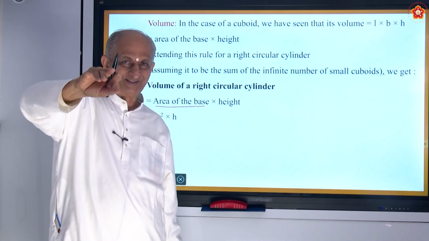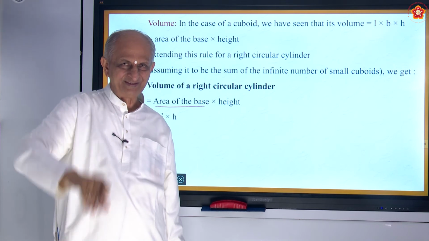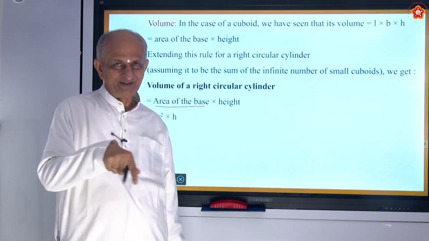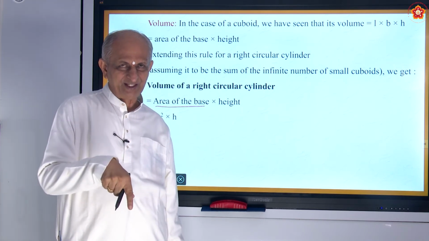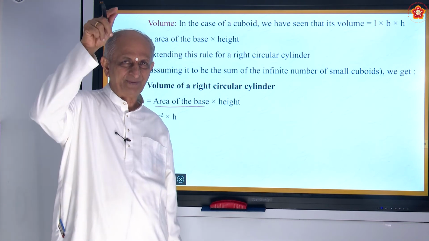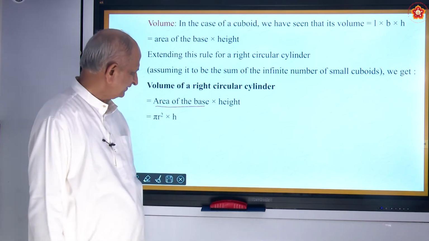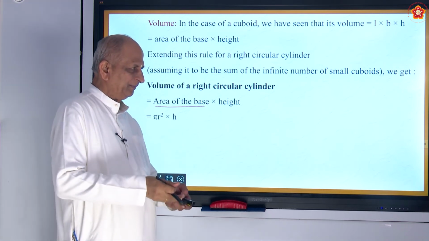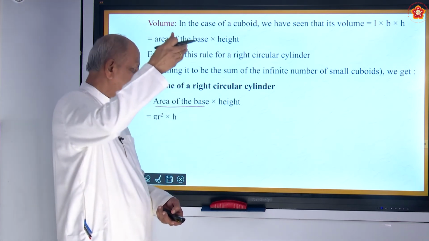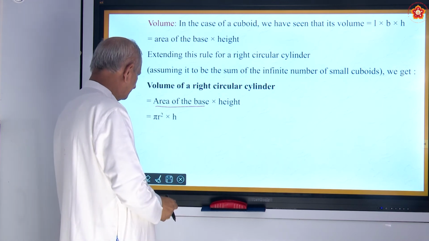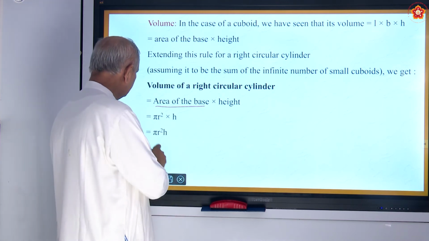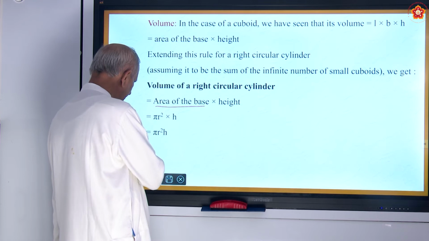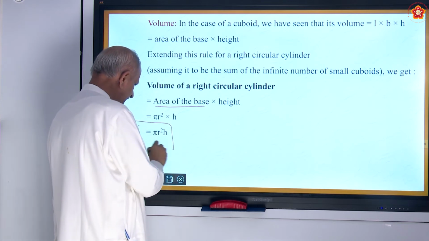Of course, you should not consider thickness there, even though there is thickness. So many circles joined together form a cylinder. Correct? So that's why pi r square into height. When many circles join together, they will have a height, and therefore it is pi r square h. So volume is equal to pi r square h.